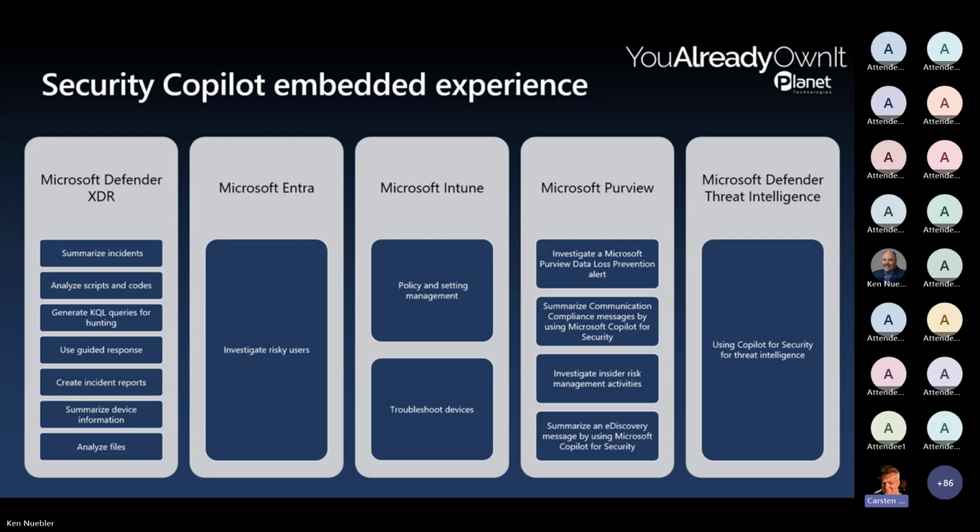In Purview, for example, I can look at insider risk activities and see what's going on there. And lastly here, I can use Defender threat intelligence with Security Copilot. And what I can do, I can go into an incident.